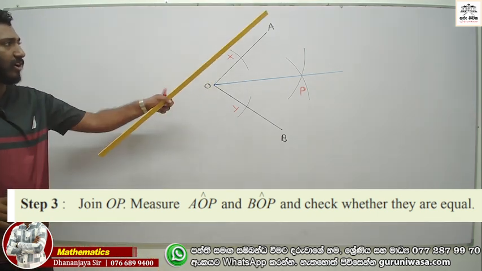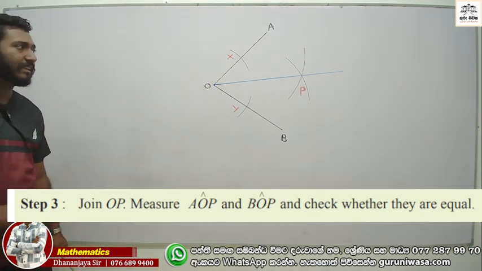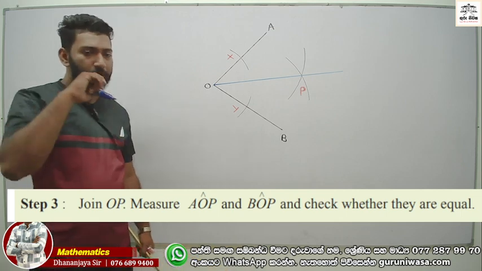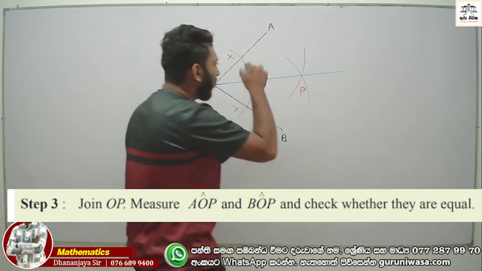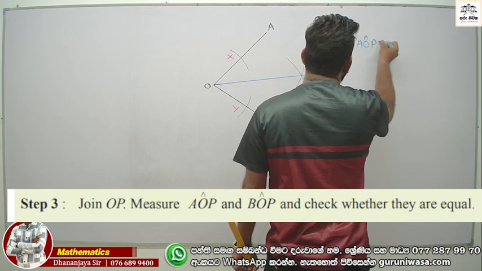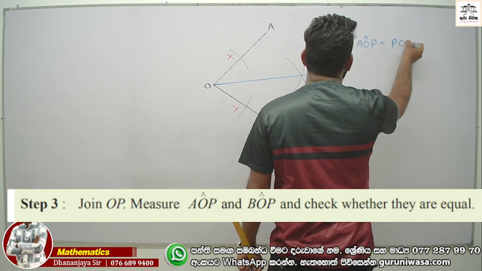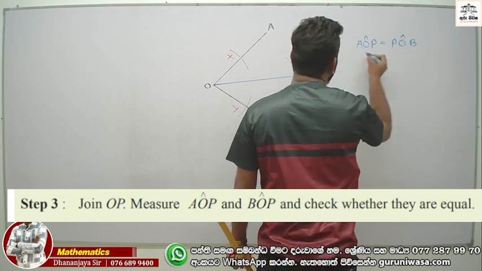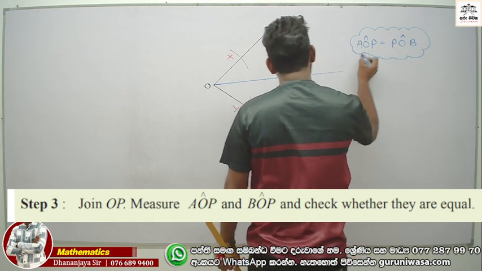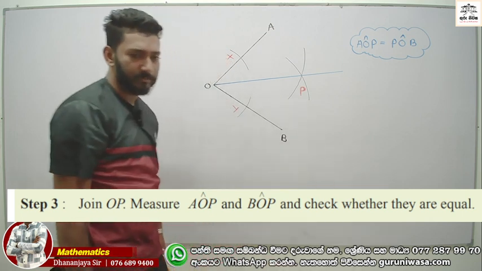The angle AOB is bisected by the line OP. Now, angle AOP should be equal to angle POB. Therefore, OP is an angle bisector.